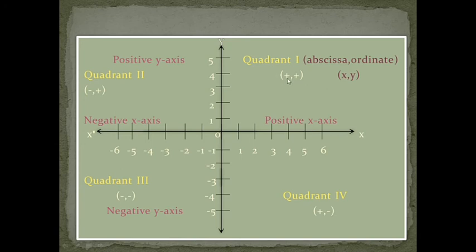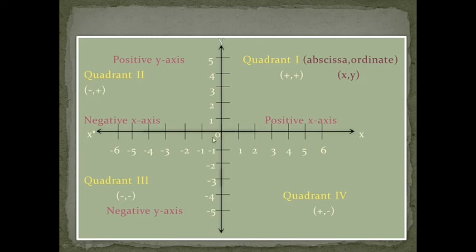The value of x we call the abscissa, and the value of y we call the ordinate. Then in quadrant 2 the value of x will be negative and the value of y will be positive.